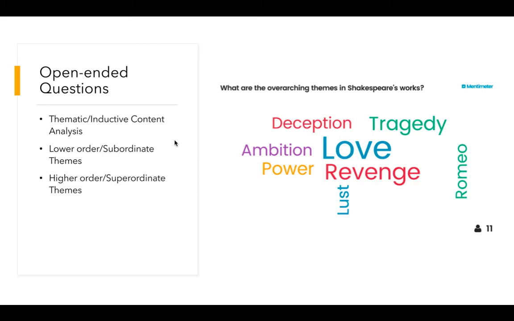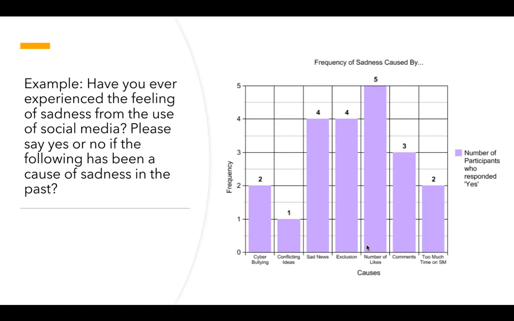When you do your analysis, this is based on your interpretation of what you hear from your participants. The first step is finding lower order or subordinate themes. These are things that are quite common that you hear. For example, some of them might say that number of likes can really make me sad or can make me very happy.